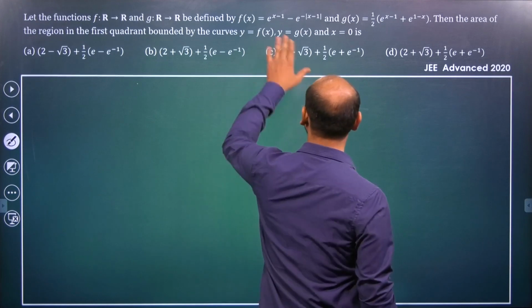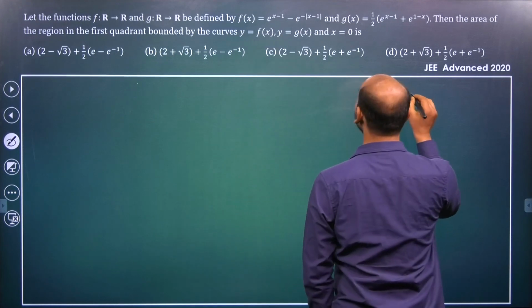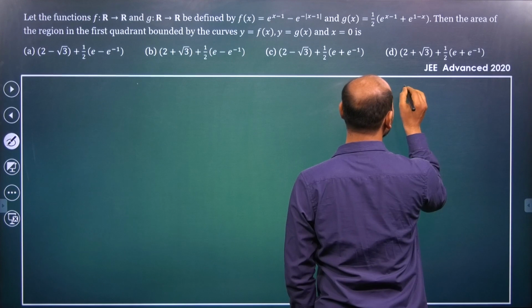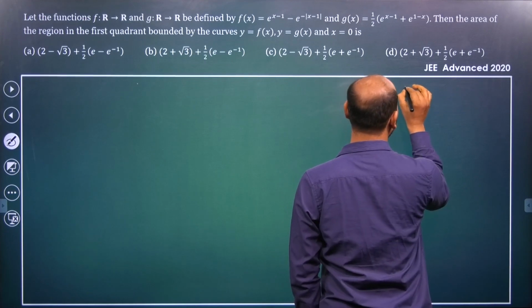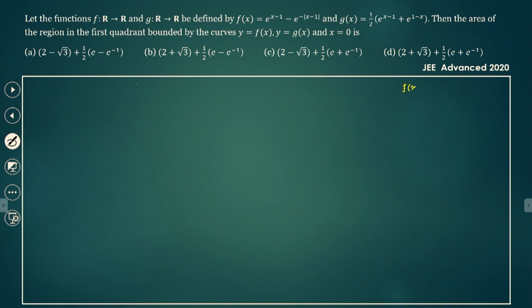So let's come back to the function f(x). See that f(x) includes the mod function, so obviously we have to use the definition of the mod function. Let's write that down. My function f(x) is equal to e to the power of x minus 1 minus e to the power of minus of mod of x minus 1.